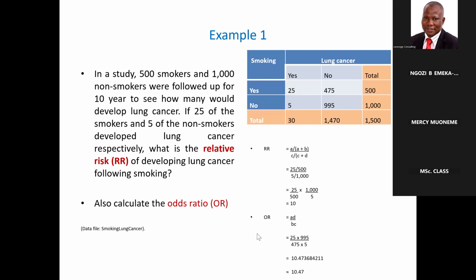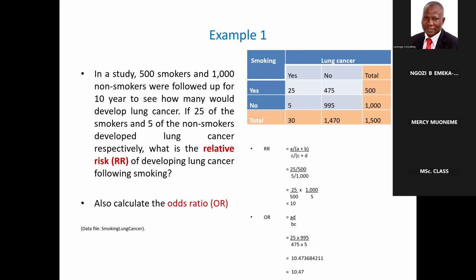So the same thing when you look at the people that don't smoke. There are 1,000. That 1,000 is the C plus D. That 5 is C, the 995 is the D. So it's the 5 plus 995 that give you 1,000.